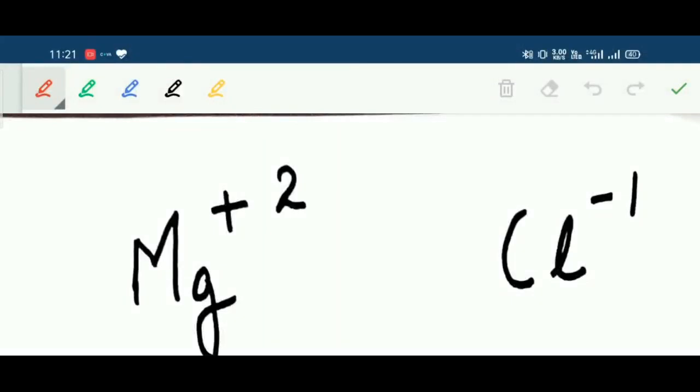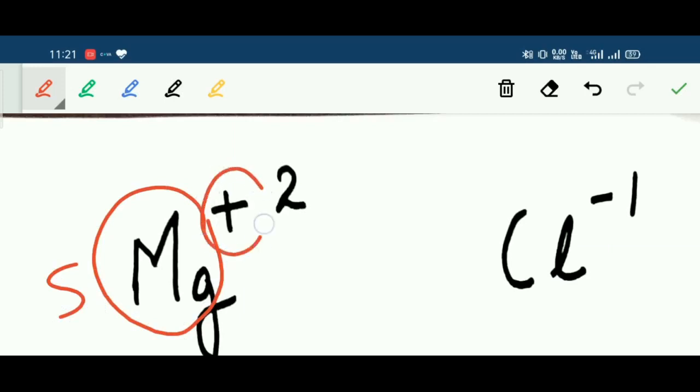Before proceeding, let's understand what a symbol of an ion represents. In the case of magnesium ion, Mg represents the symbol of the element, the positive sign represents the charge, and the number that is present with the charge represents the valency.